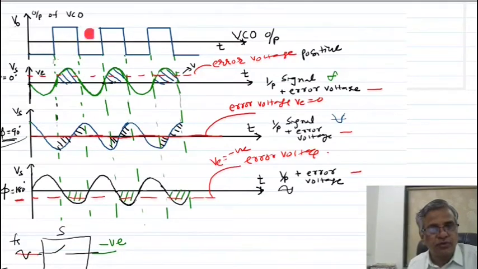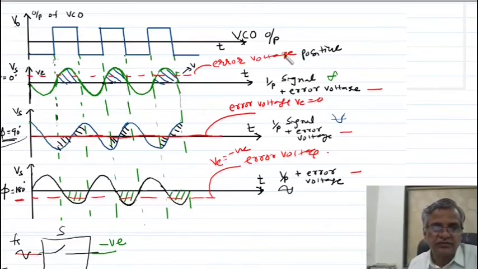This is your output of the VCO. This is the input signal. You can see that these signals and the input signal Fs have a zero phase, and we know that during the positive half of the square wave your switch is closed, so you will get this much portion at the output of the switch, which is given to the filter circuit.